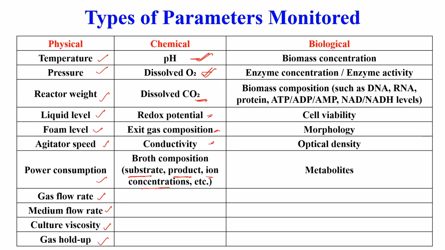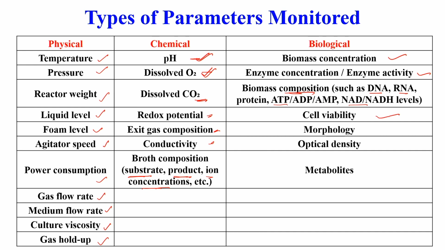Similarly, biological agents and biological compounds also can be monitored, and the first one is the biomass concentration, second comes the enzyme concentration and enzyme activity, the next comes biomass composition, such as one can monitor its DNA, RNA, protein, ATP and NAD levels.